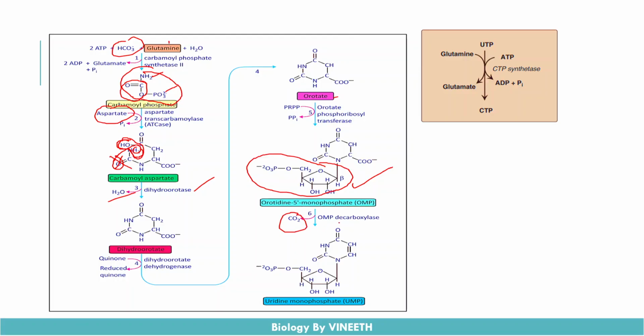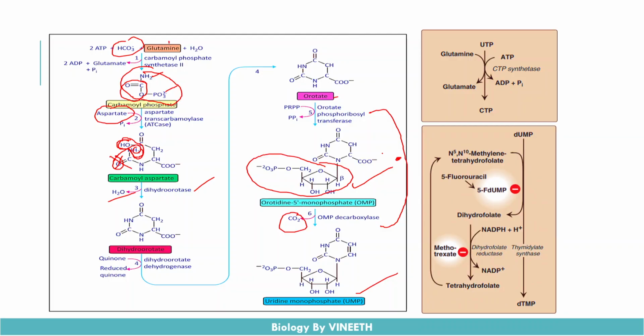If we remove that carbon dioxide group from the structure, that will become the UMP. This formation of uridine monophosphate from orotate is done by one single bifunctional enzyme, orotate phosphoribosyl transferase or decarboxylase. If there are low activities of this enzyme, the patient will exhibit orotate aciduria.